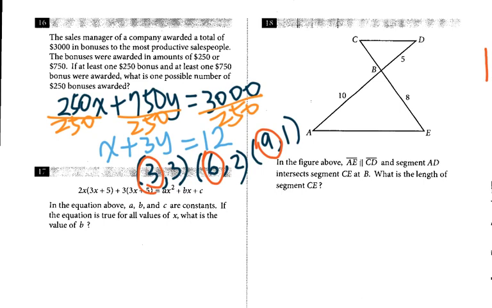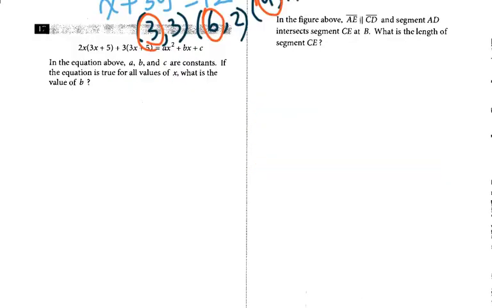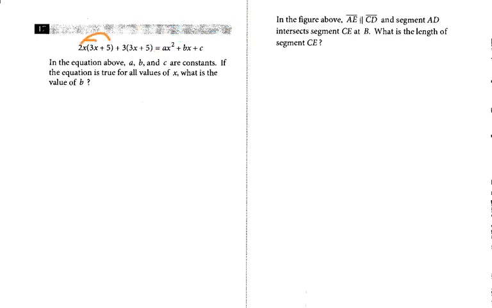That's the answer. For number 17, first of all, we need to do the distributive property for the left side. So I have 6x squared plus 10x plus 9x, then plus 15.